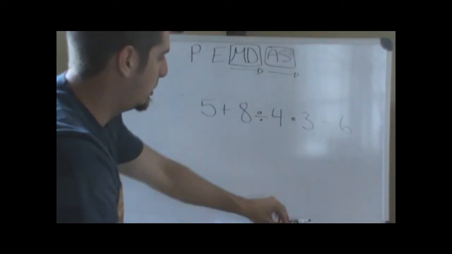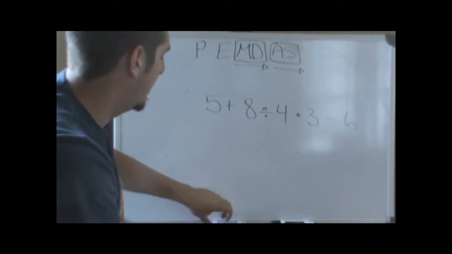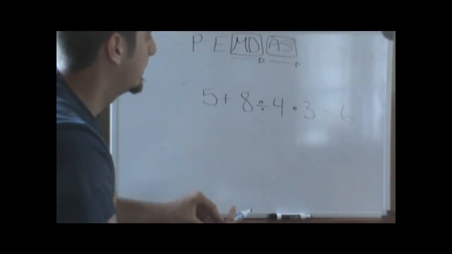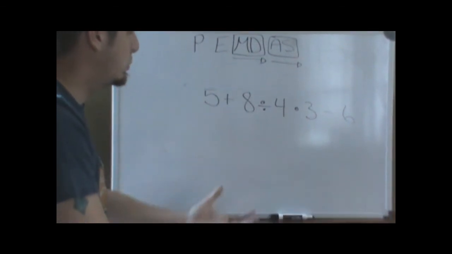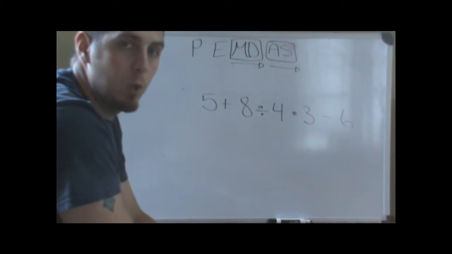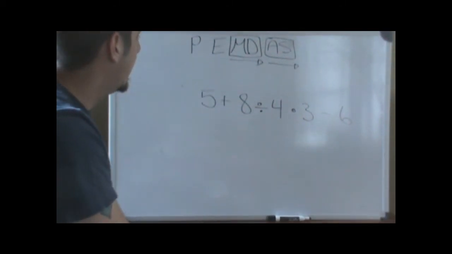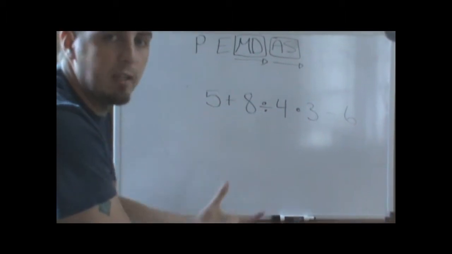This problem's a little bit longer, not necessarily complicated, but it has a few more steps than the last one did. Sometimes it helps to actually write out the acronym for the order of operations as you're doing some of these bigger problems. That way you just have a kind of checklist.